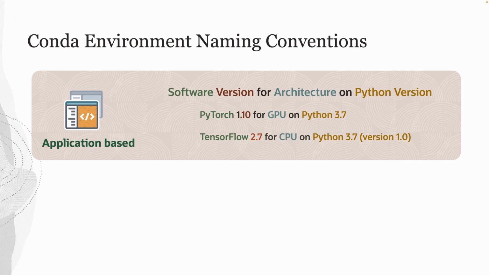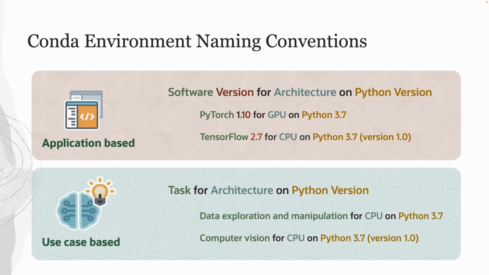There is generally a naming convention used for the Conda environments based upon its use case. Application-based Conda environments have their name based on the software, the version, the architecture and the Python version. For example, PyTorch 1.10 for GPU on Python 3.7, or TensorFlow 2.7 for CPU on Python 3.7 version 1.